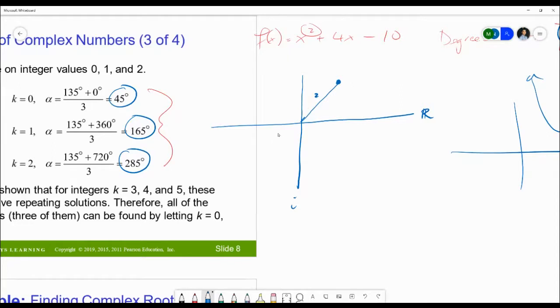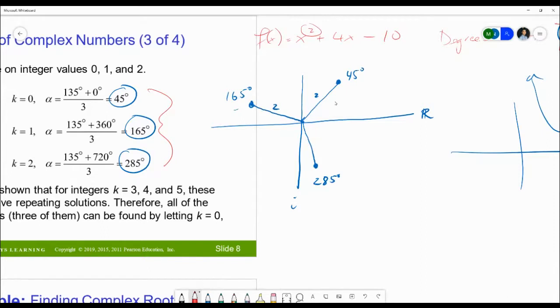After that is 165 degrees, somewhere over here, also 2. And 285, which is a little bit more than 270, over here. So this is 45, 165, 285.